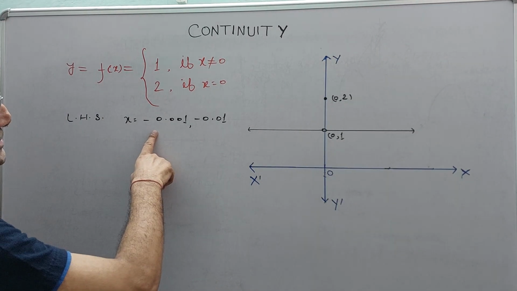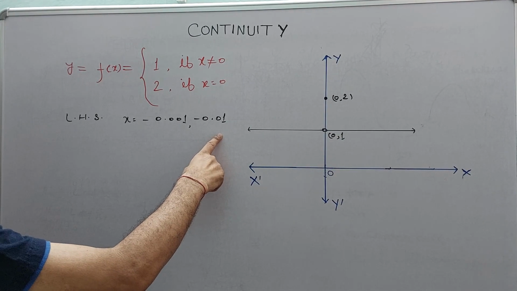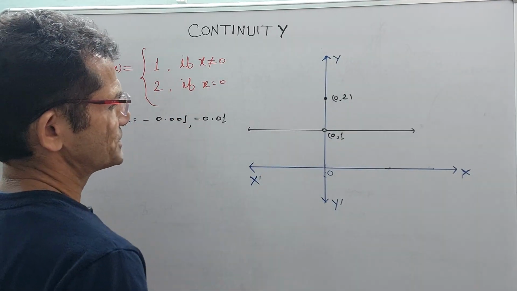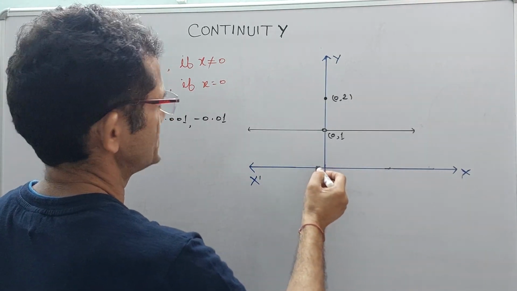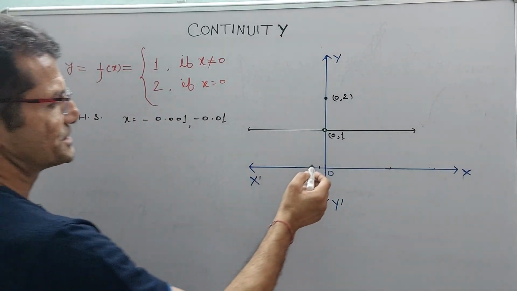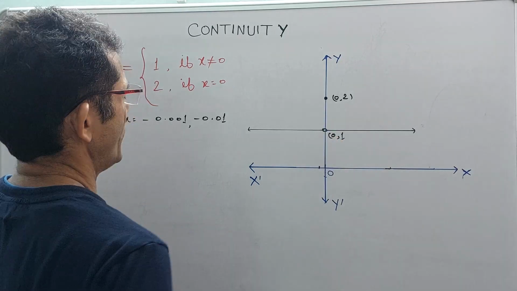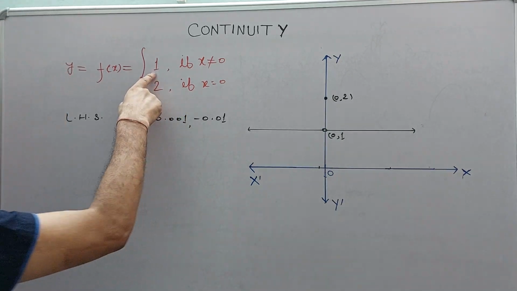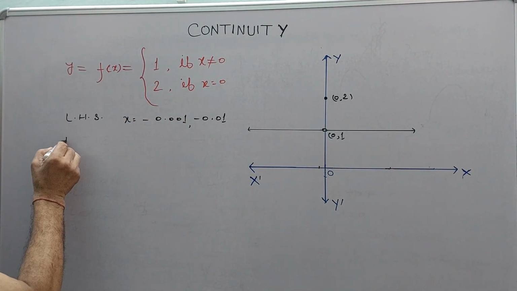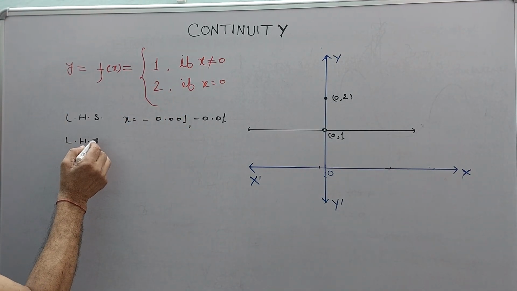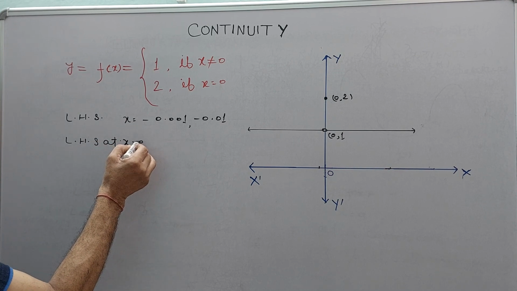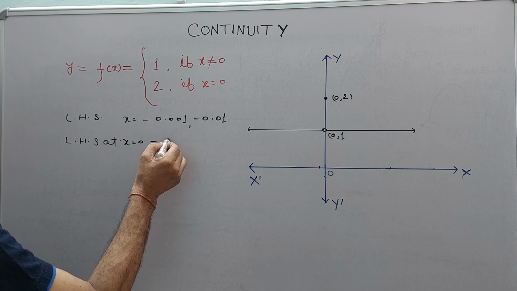They are not x equal to 0, they are non-zero values of x. The corresponding value will be 1. So like this is minus 0.01, its corresponding value is 1. So from the left hand side our limit value is 1. In the language of limits, the left hand limit at x equal to 0 is equal to plus 1.